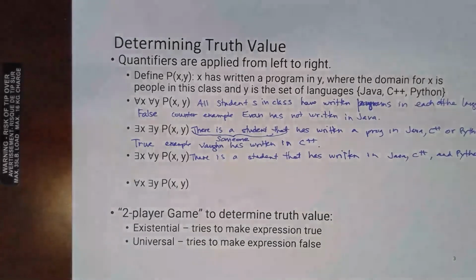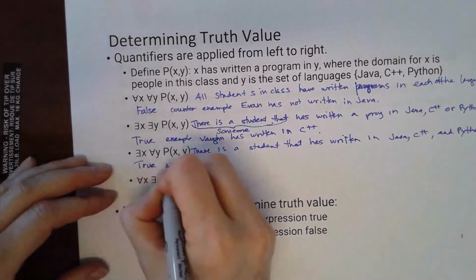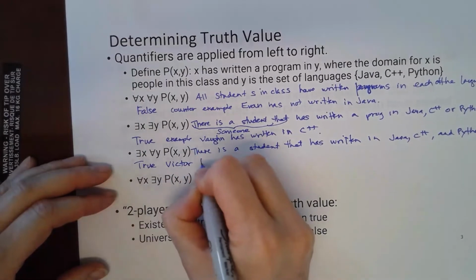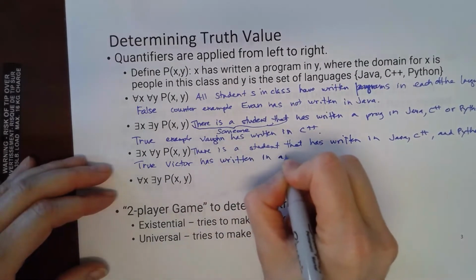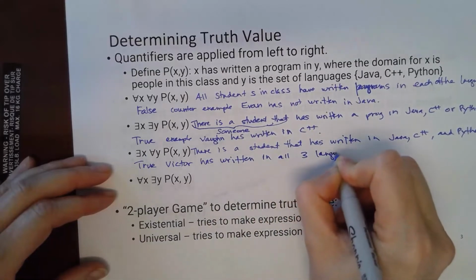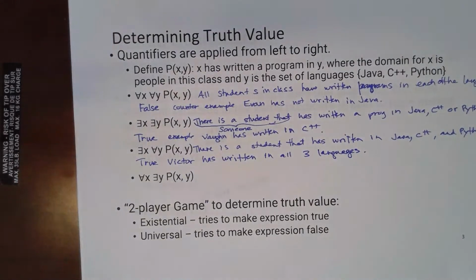Who's written in all three? Anybody? All right, Victor is our example, so this is true. Victor has written in all three. So I'll give you an example there.